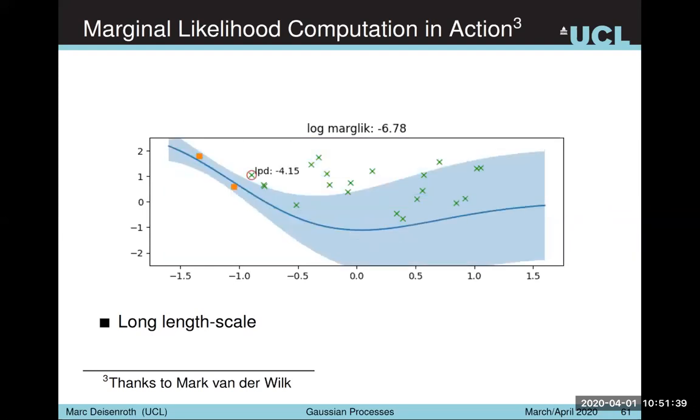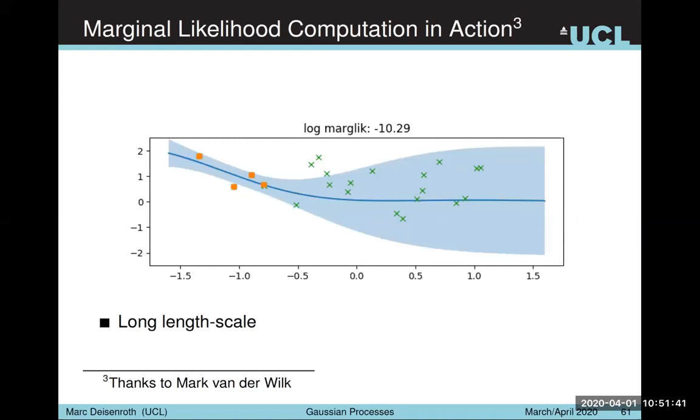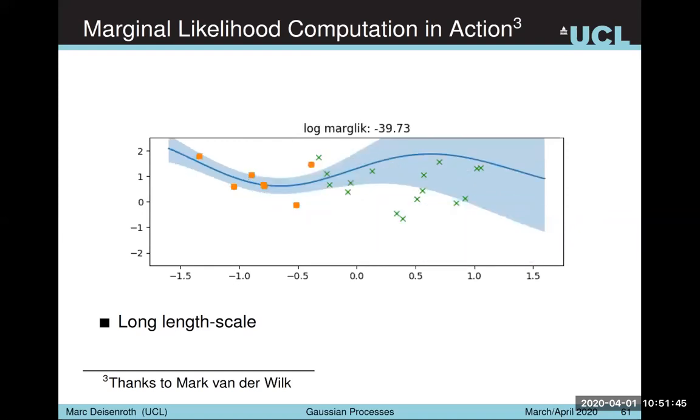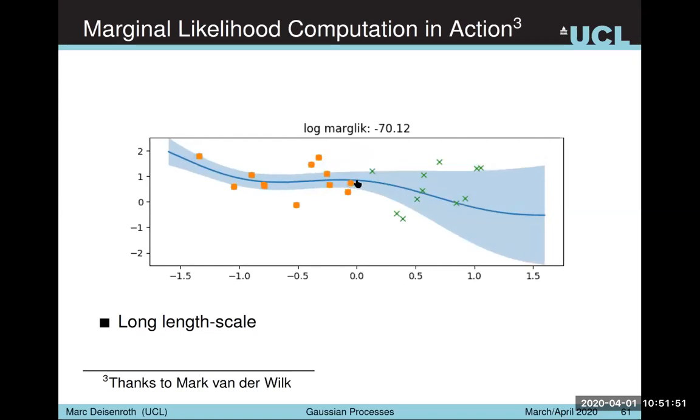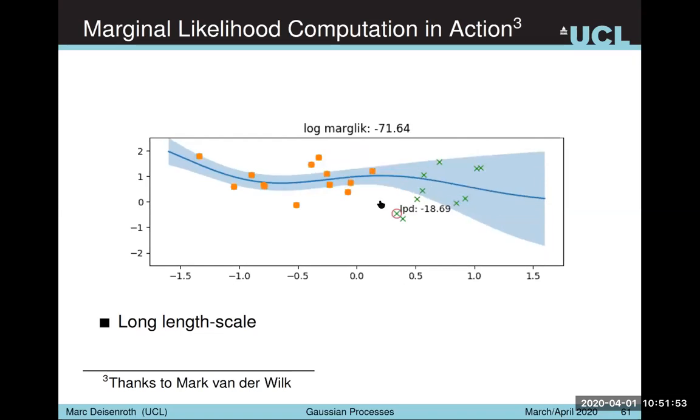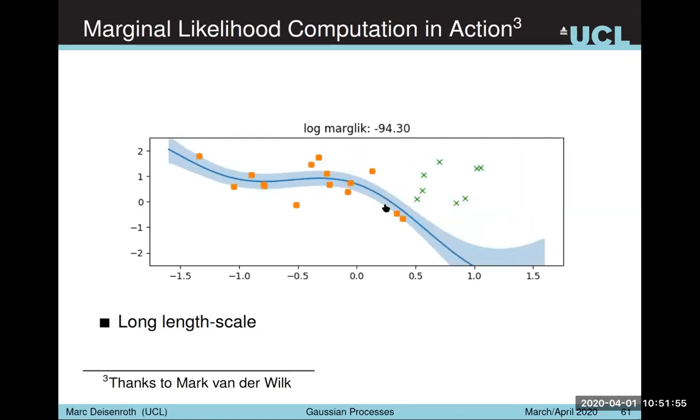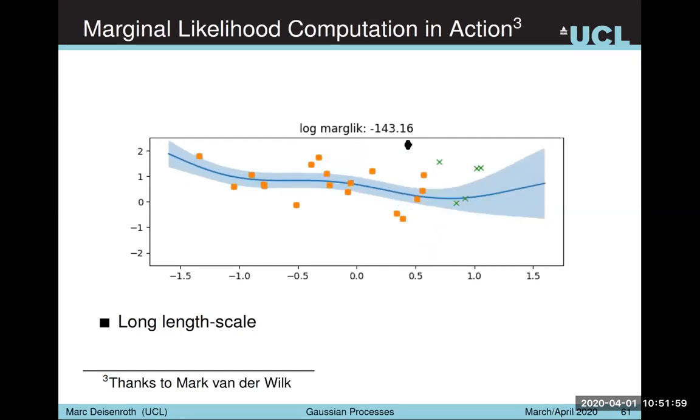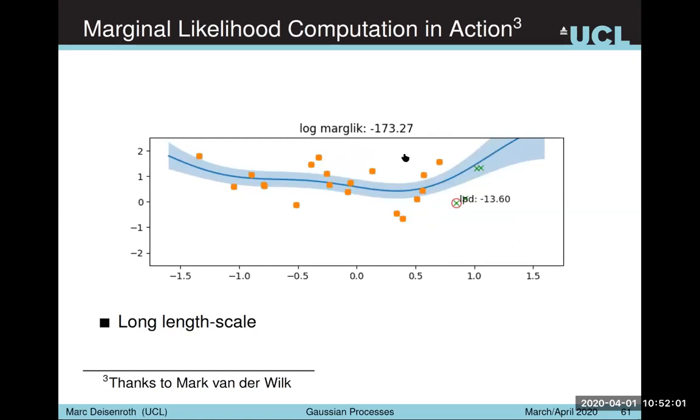Now we have a slowly varying function with a very long length scale. And we can see that the marginal likelihood now has problems predicting what the next real training point is given the previous data points. And so we get a lot of penalties for not being able to model the data.